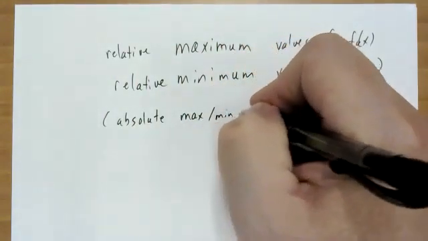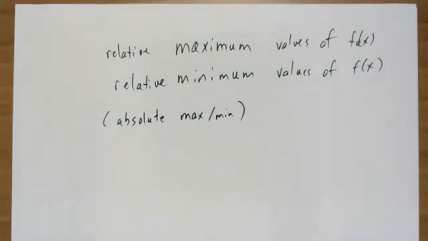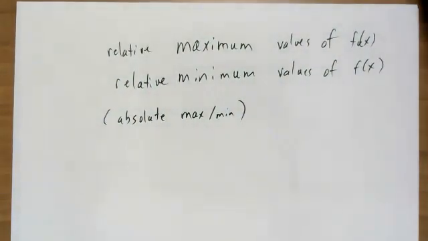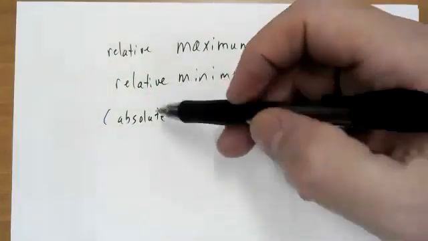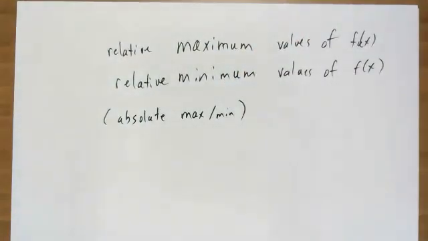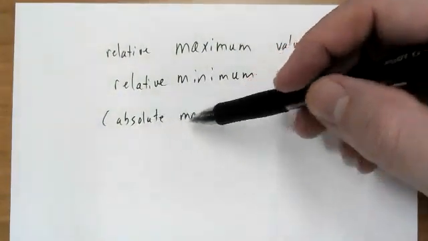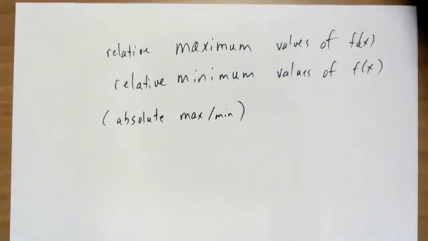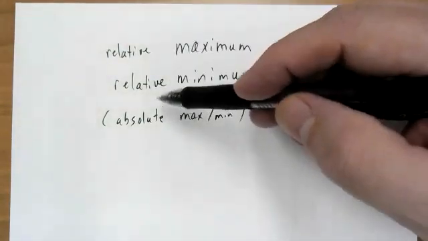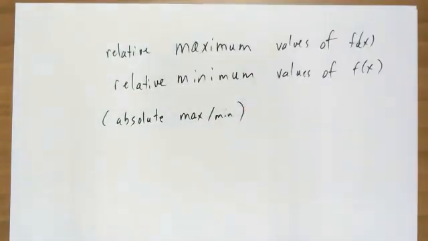There will be times when we're asked to find the absolute maximum. I'm not going to cover this in this video, but it is also part of calculus. But the big part of calculus is learning how to find these relative maximums and minimums.